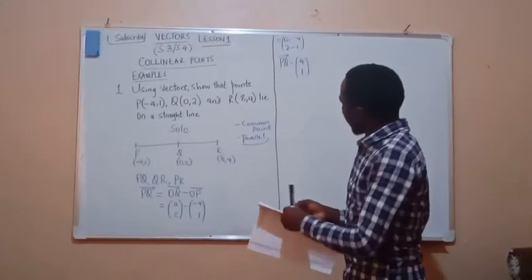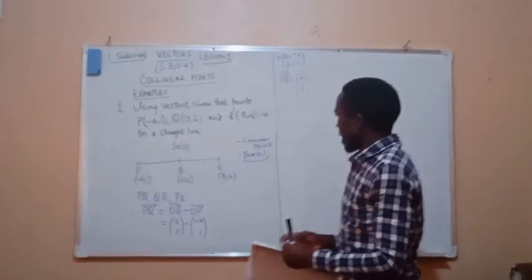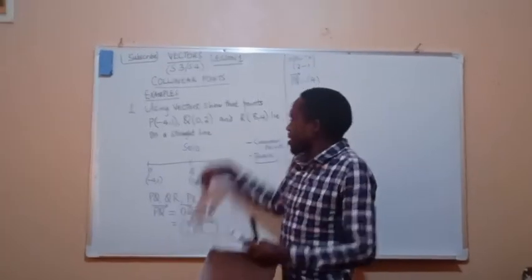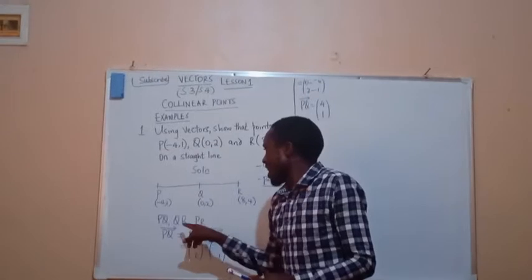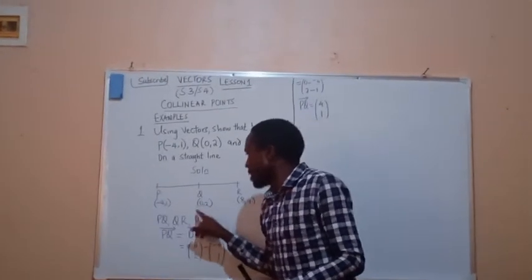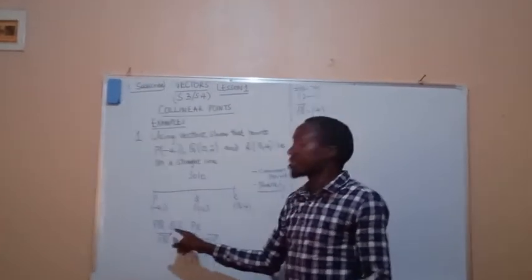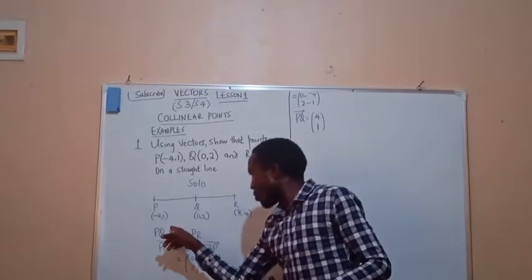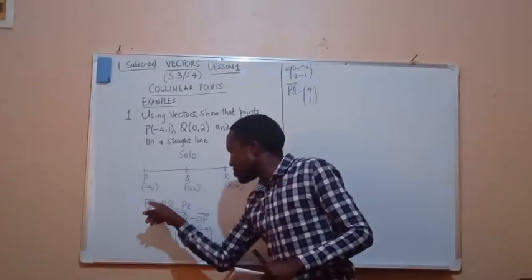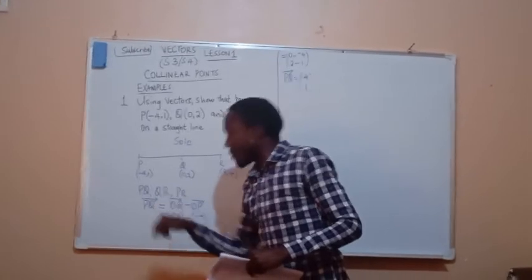Now, after getting PQ, I can assume that I can make my common point to be P, and maybe I can select and get PR. However, someone can decide using PQ because it also has a common point Q when you consider it with QR. So one can use QR.